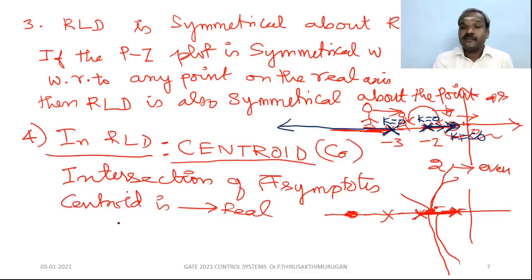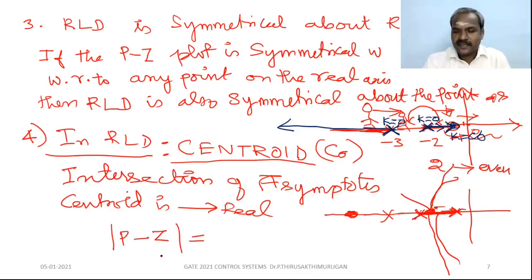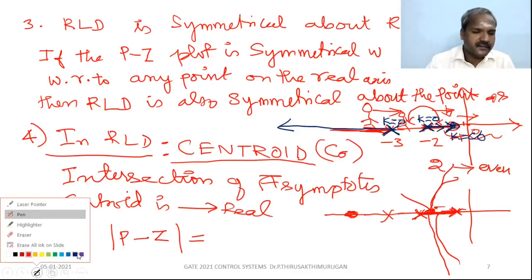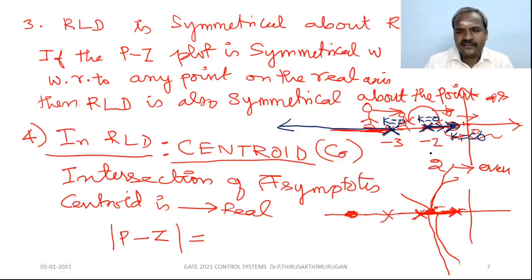The number of asymptotes equals the modulus of the number of poles minus the number of zeros. In this case, how many poles? 2 poles. How many zeros? 1 zero.